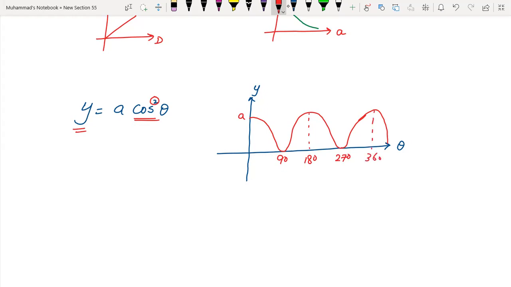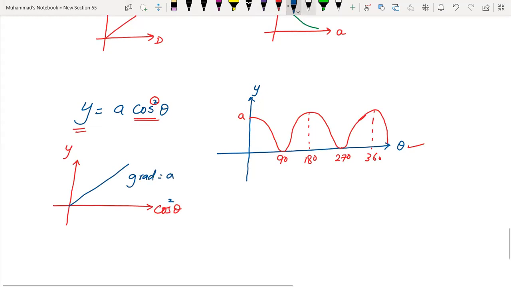This is the graph of y versus theta. But if you plot a graph of y versus cos square theta, if on the x-axis you have cos square theta, then the graph will be a straight line with gradient A.